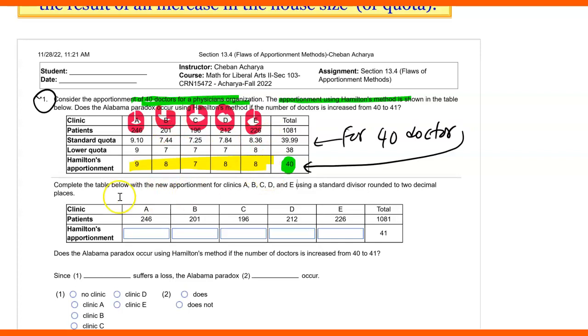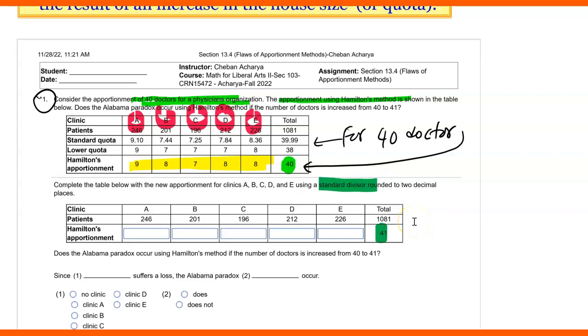Now the next part is to complete the table below with the new apportionment for clinics A, B, C, D, E using the standard divisor, rounded to 2 decimal places. Using the standard divisor means using the Hamilton method. Remember that we only use the standard divisor in the Hamilton method. You need to do the apportionment using the Hamilton method for these clinics for 41 doctors.